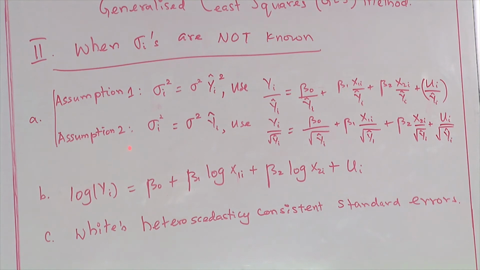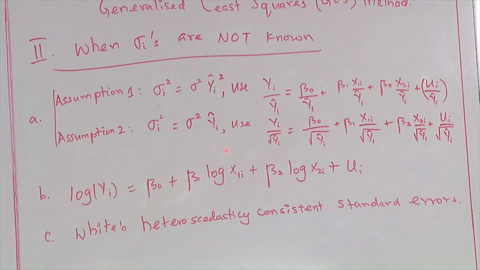And similarly, in the second assumption, if the variance is proportional to the estimated value of y_i, then we may divide the equation by the square root of y_i hat.